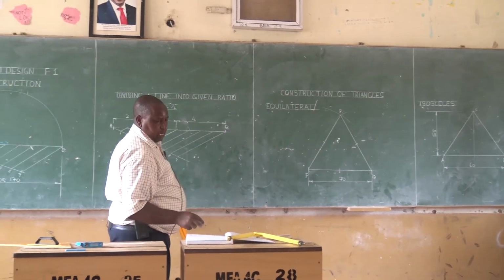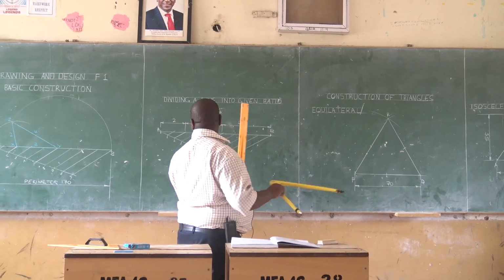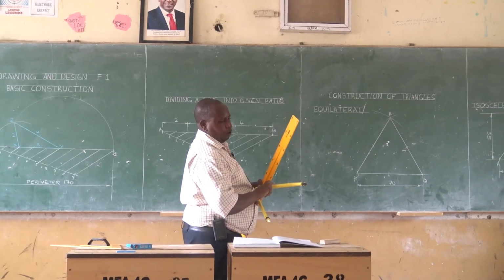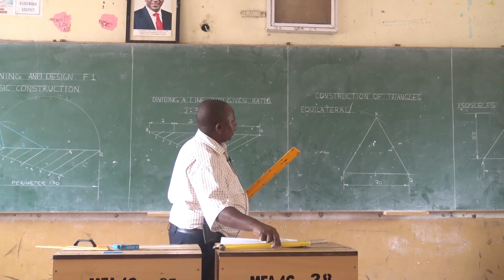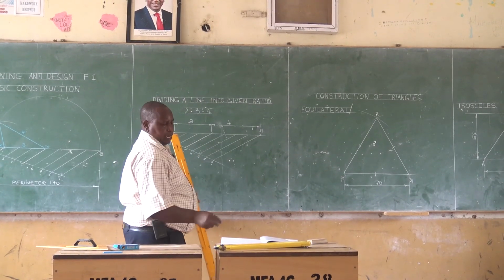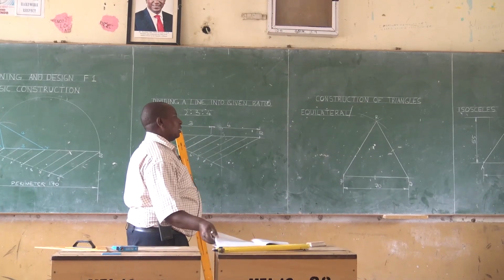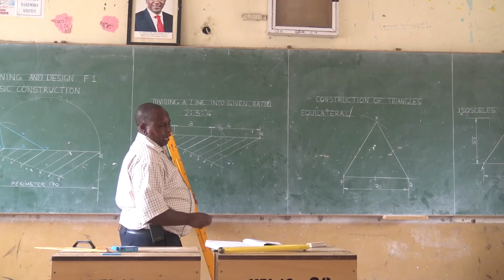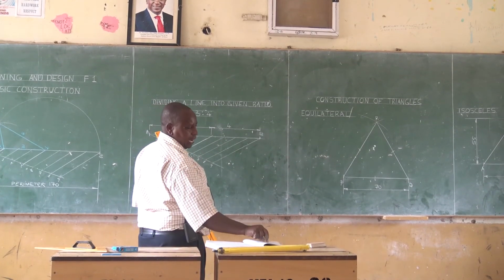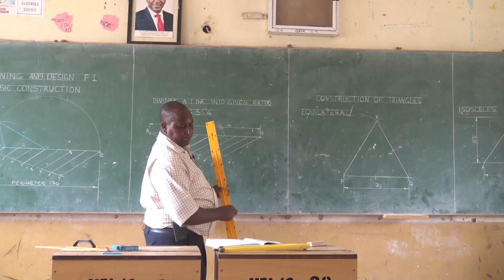Today we've learned how to construct angles of 45 degrees, angles of 60 degrees. They are complementary and also they are supplementary angles. We have learned how to divide a line into a given part.